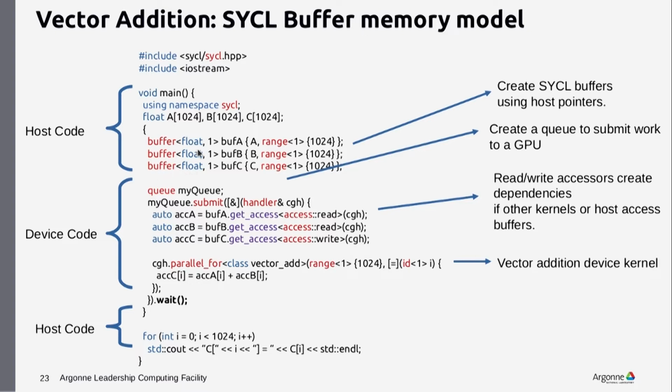You have buffers, which are pure data structures, and these are the accessors, which provide access to these buffers, if it makes it easier to read. So these three lines say I am accessing buffers A, B, and C, and the modes are read, read, write. So I'm just reading A, B, and just writing it to C. That's how it's read.